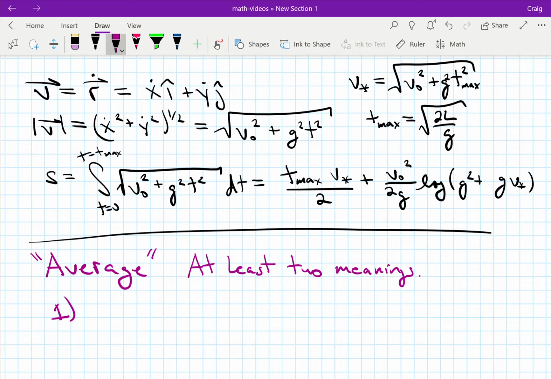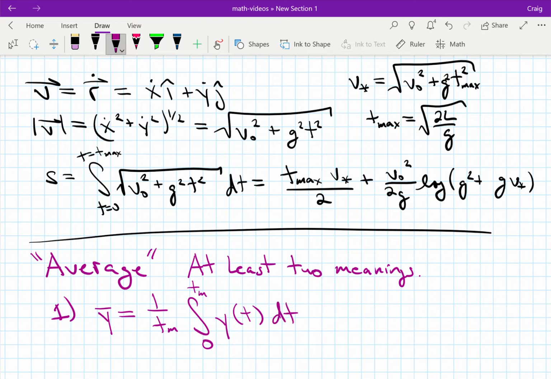So for instance, if you had a stopwatch and you were sitting on the ball, and every microsecond you made a measurement of your height, and you averaged those measurements taken at equal intervals in time, the calculus expression for that quantity, which I'll put a bar on top, the time average y value, would be dividing by the duration of the free fall, which is t max, integrating from time 0 to time t max, and I'm integrating y.